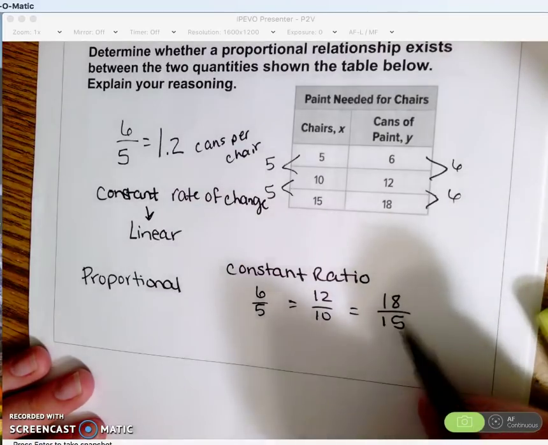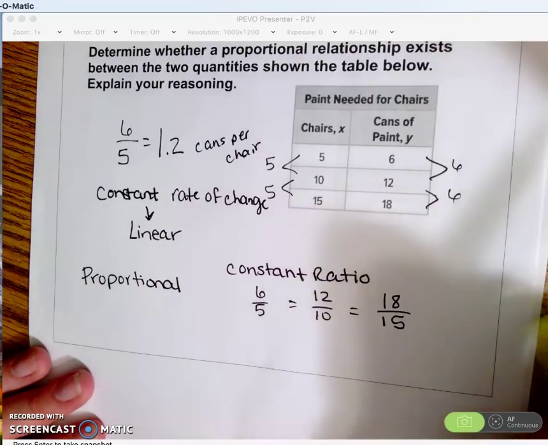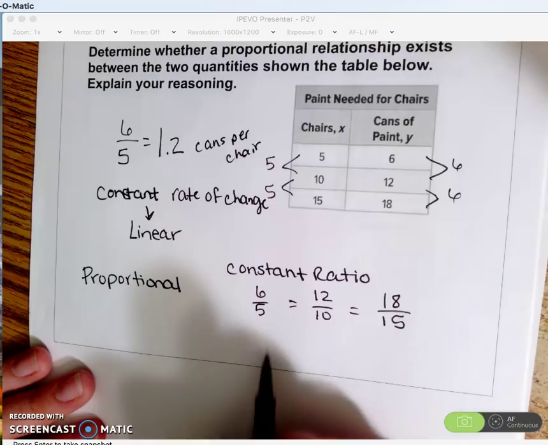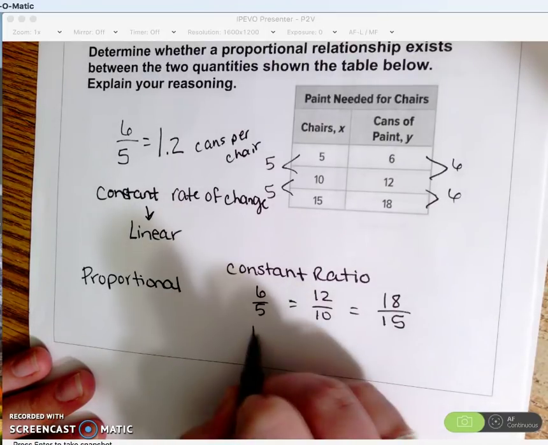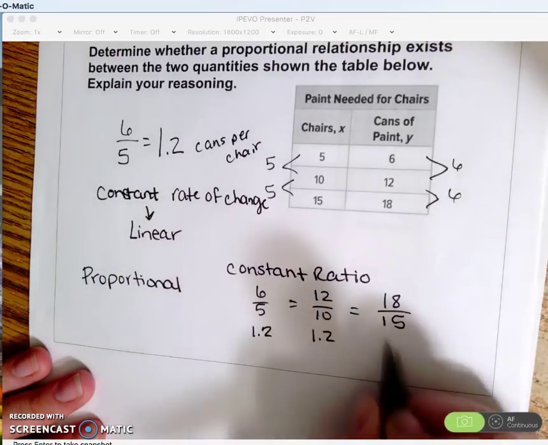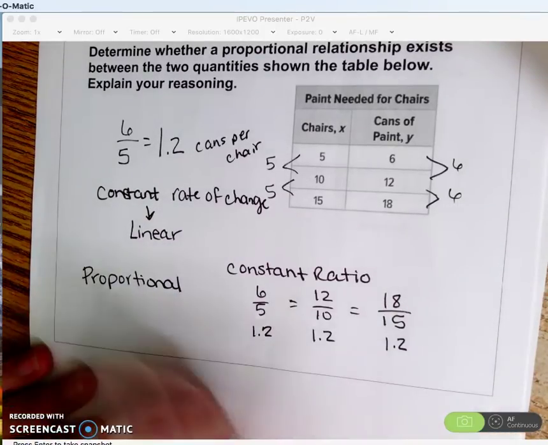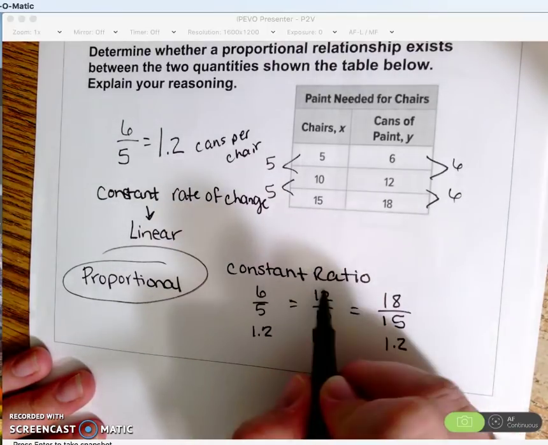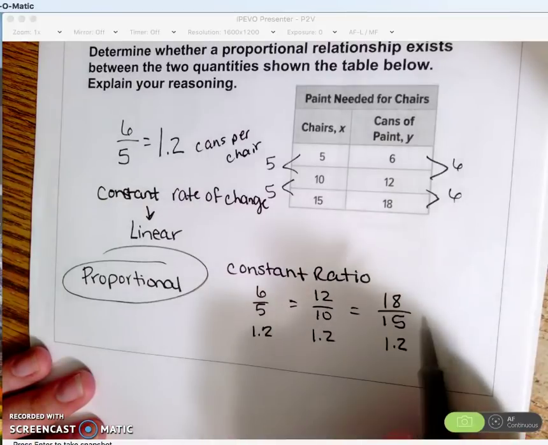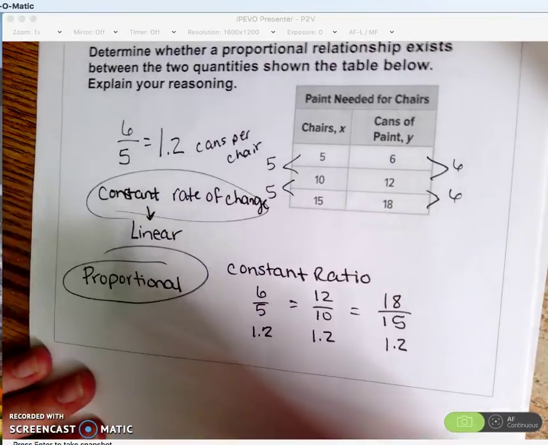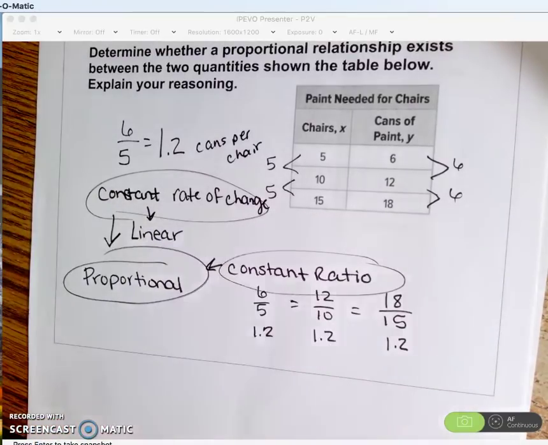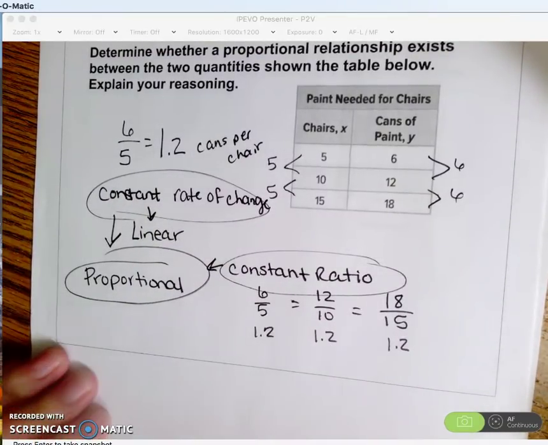Well, each time I divide these numbers by these numbers, it is a constant rate of change. It is proportional because it simplifies down to the same thing. This is 1.2, 1.2, and 1.2. So yes, it is proportional because there is a constant ratio and a constant rate of change. We need both of these for them to be proportional, or have a proportional relationship.